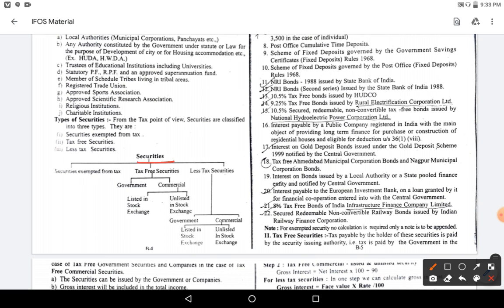So securities are classified as securities exempt from tax, tax-free securities and less tax securities. Under these securities exempt, which are exempt from tax, there is a list here in the next page which we are going to discuss later, and this is very important. It will come for exam as a theory question.